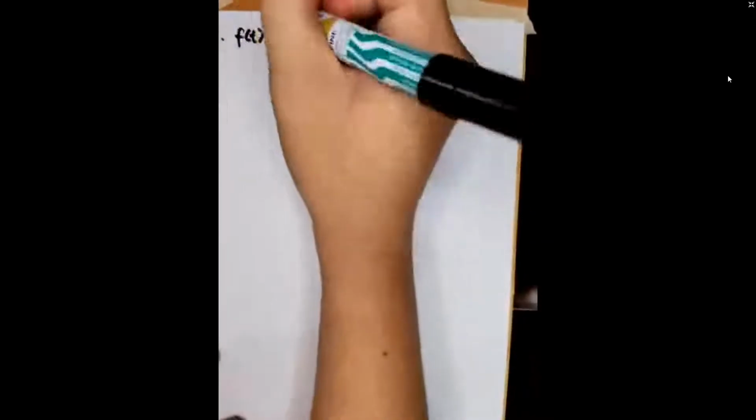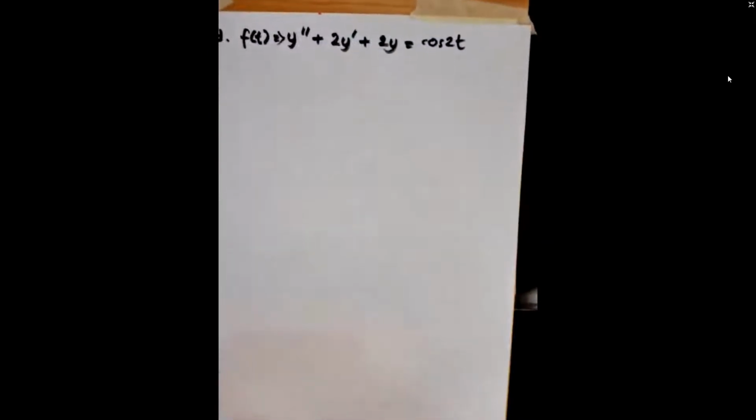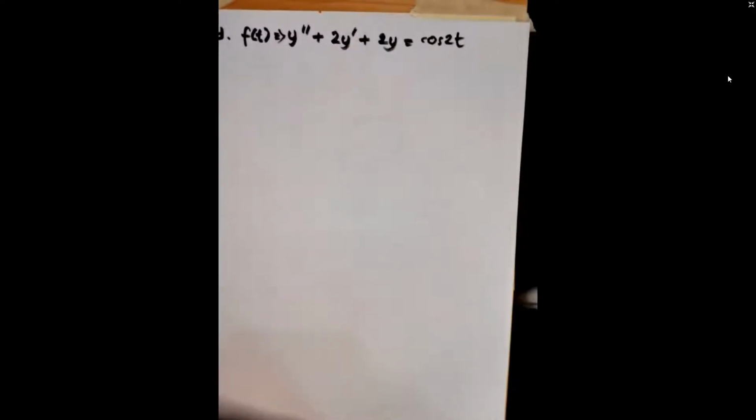Naalala nyo ba yung non-homogeneous higher order? Yung merong trial particular solution, or you can solve this using variation of parameters. Pero, syempre, subject natin is Laplace transform. We will solve it using Laplace transform.